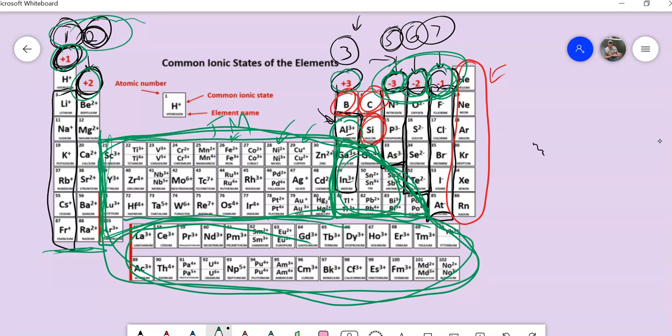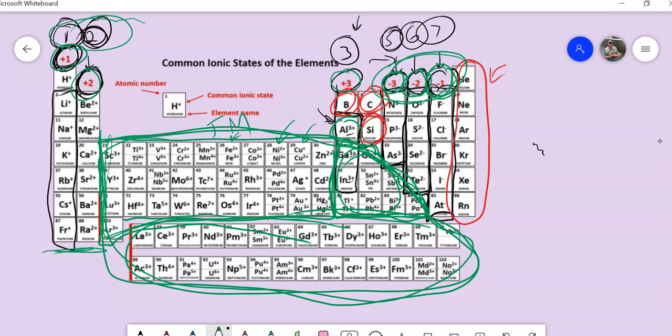So why do the transition metals have the potential to form multiple charges? And this gets into electron configurations. You might remember we talked a little bit about elements in this group forming different electron configurations than we would expect. The point is that the d block elements can behave a little bit differently. Those metals can lose electrons sometimes from their d sublevel and move them into an s sublevel.